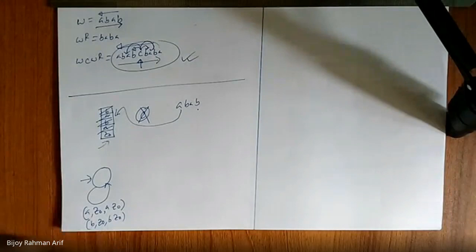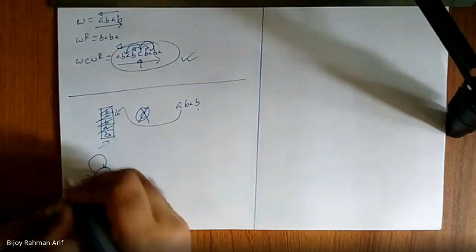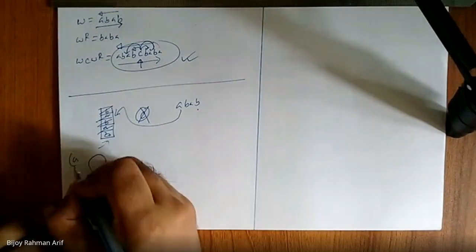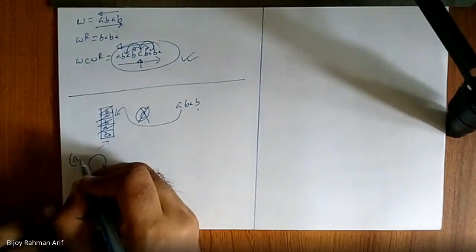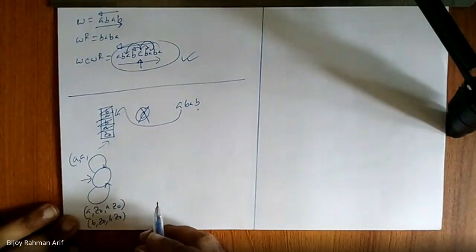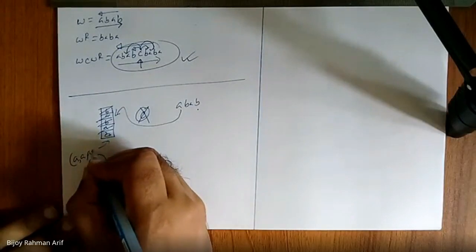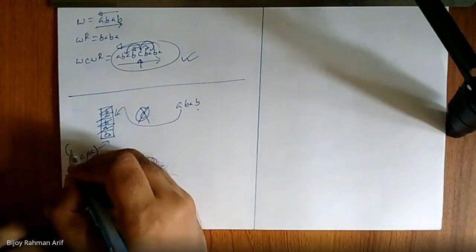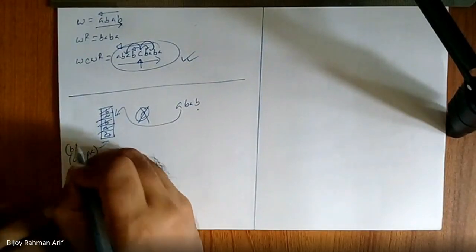So how can I write this? If I get an A and the top of the stack is A, what am I going to do? Push. If I get B and the top of the stack is A, what am I going to do?